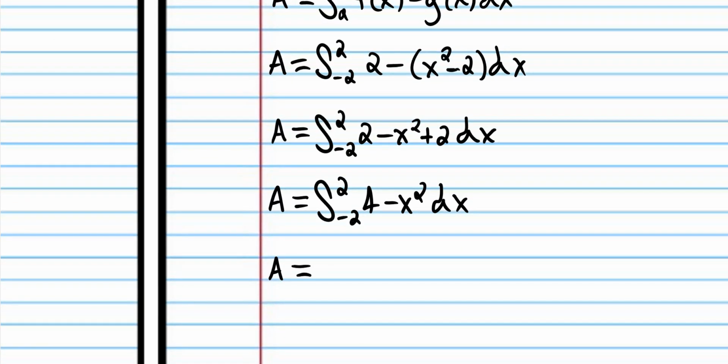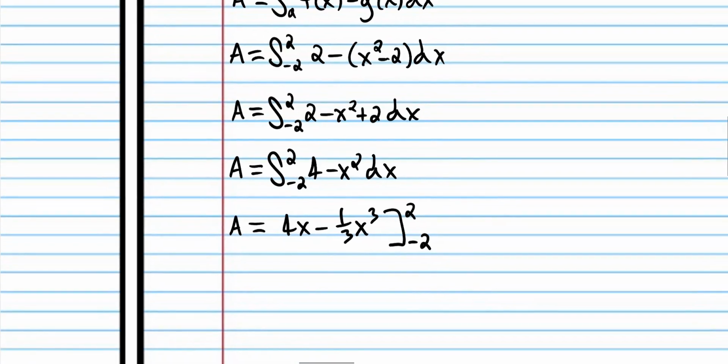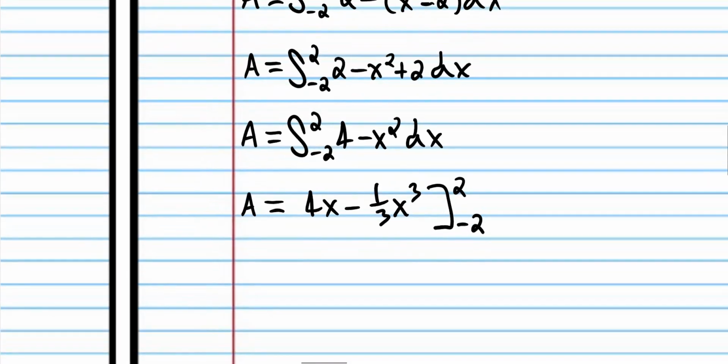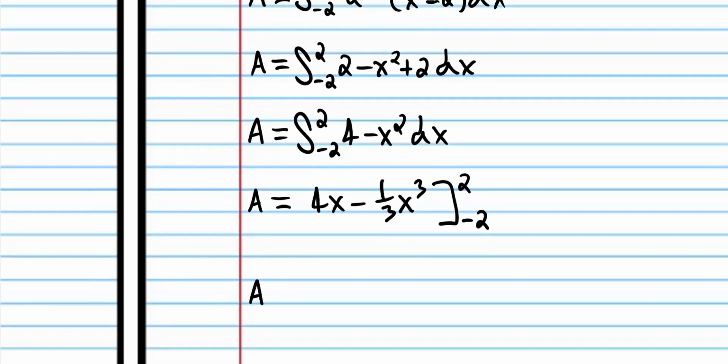So the antiderivative is going to be 4x minus 1/3 x cubed from negative 2 to 2. Again, we don't need to write the c values. The constants of integration, they always cancel out.